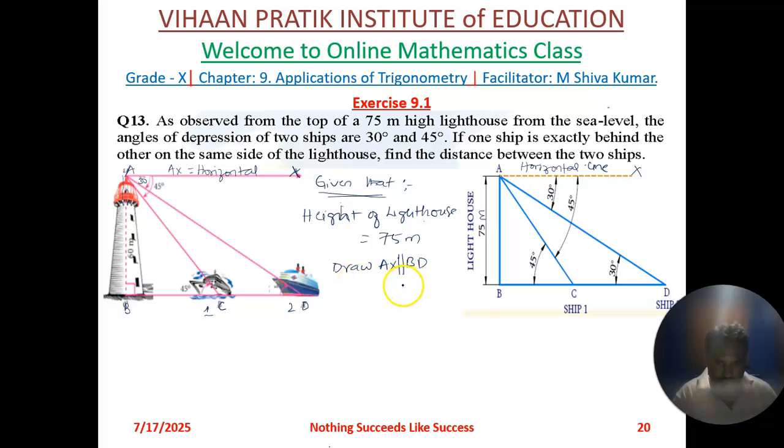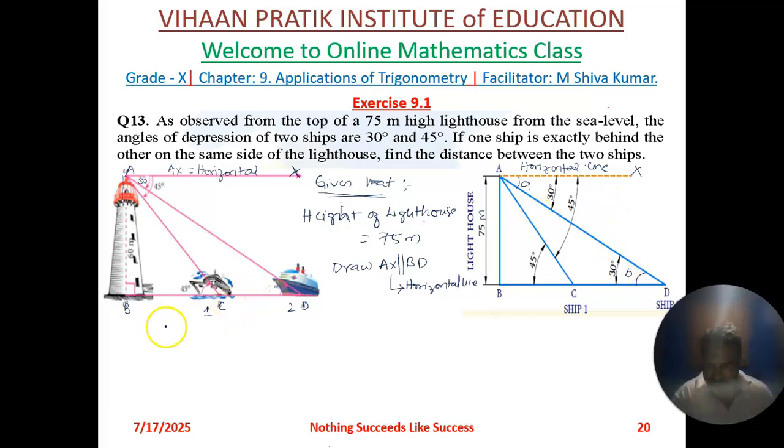So when we draw AX parallel to BD, AX will become the horizontal line. Now from viewing through the horizontal line, this is angle A and this is angle, let's assume it is B.